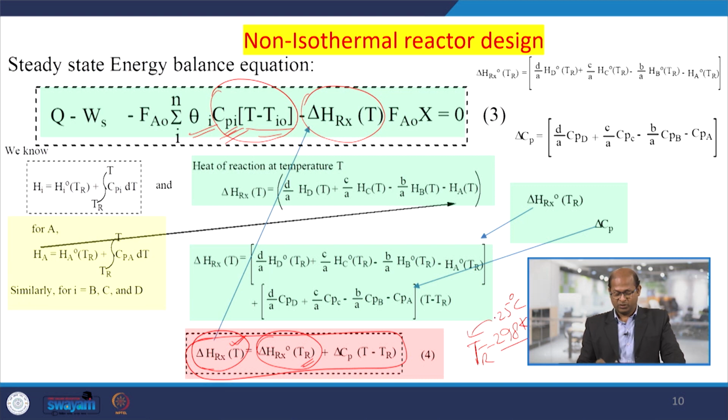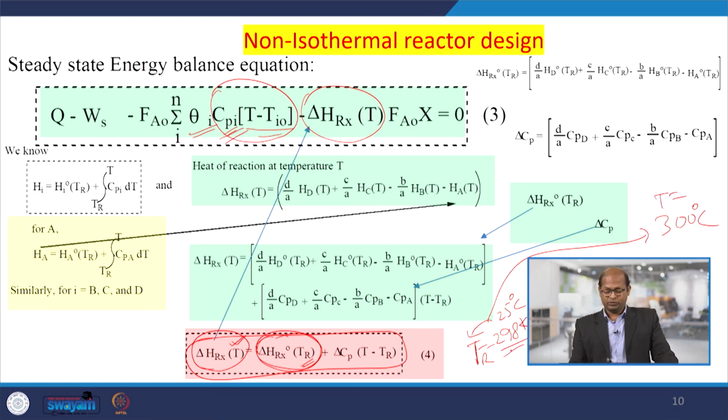For a particular component the enthalpy is given. If we want to find the enthalpy at 300 degrees centigrade, that is 573 Kelvin, for the same component, then the heat of reaction is delta H Rx0 at Tr, plus the heat capacity change delta Cp times T minus Tr.